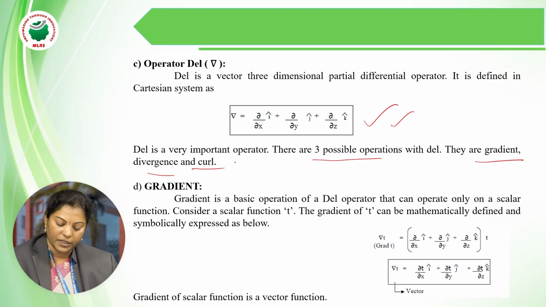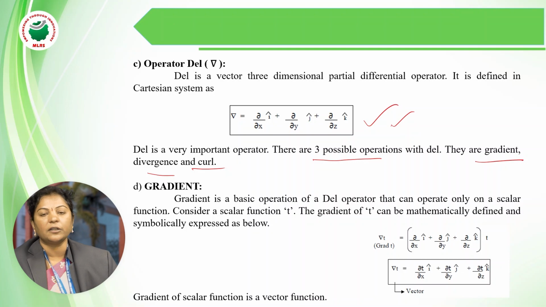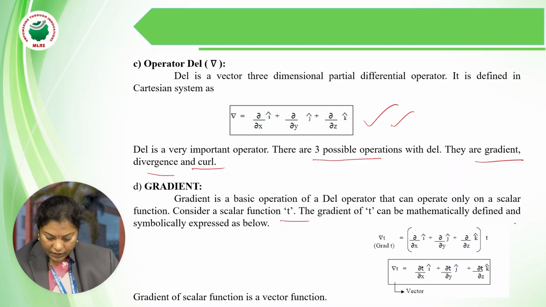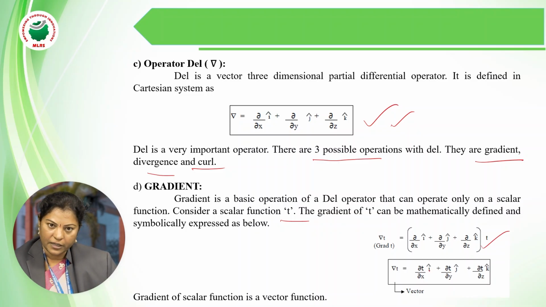First, let us see what gradient is. Gradient is a basic operation of the del operator that can operate only on a scalar function. Consider the scalar function t. The gradient of t is defined as dou by dou x of i plus dou by dou y of j plus dou by dou z of k, operating on t. So del of t is a vector: dou t by dou x i plus dou t by dou y j plus dou t by dou z k.